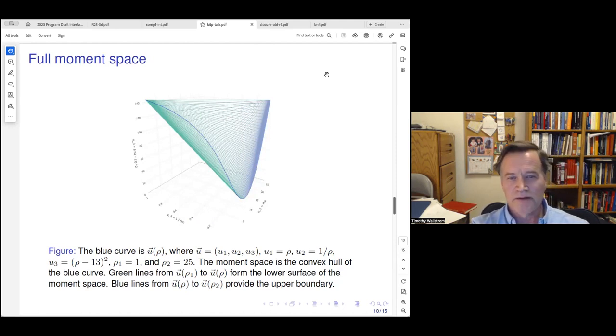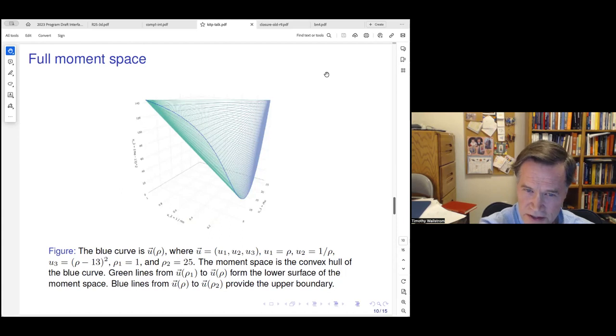And what the previous result said is, again, this blue line is just the line you get from the point measures, and the convex hull of that is the space of possible measures. If we want to look at the minimum and the maximum, we just find a point on the plane there and draw a line up. And where it punctures the bottom surface, that's the minimum.